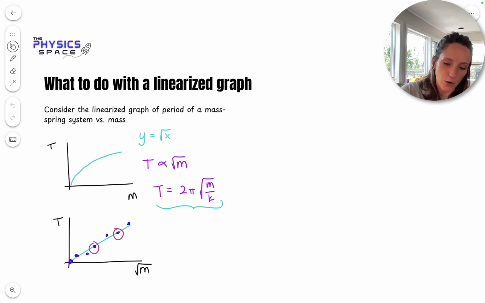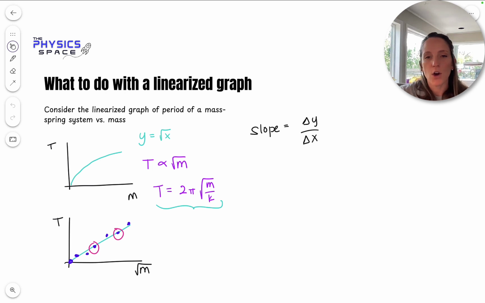So we know that the slope of a line, sorry, I don't want to use m. I'm going to write out slope because I don't want to get confused between slope and mass. So our slope in general is going to be the change in our y-axis quantities over the change in our x-axis quantities. So here's where we're picking 2 points and finding the change in y over the change in x.